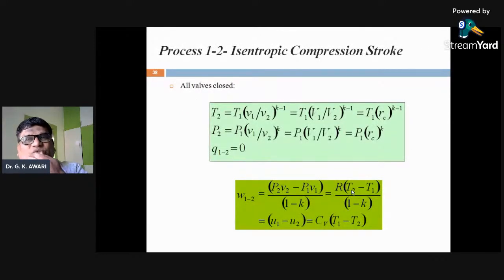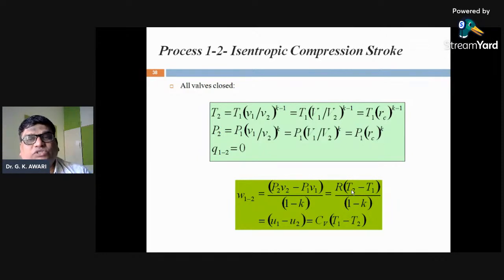Then process 1 to 2, that is isentropic compression stroke. So isentropic compression stroke, here all the valves are in the closed condition.